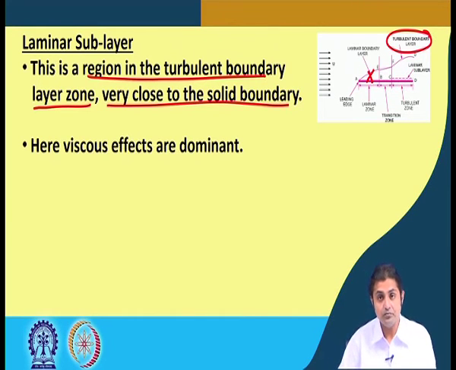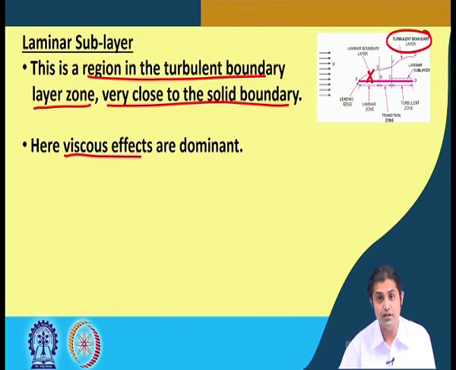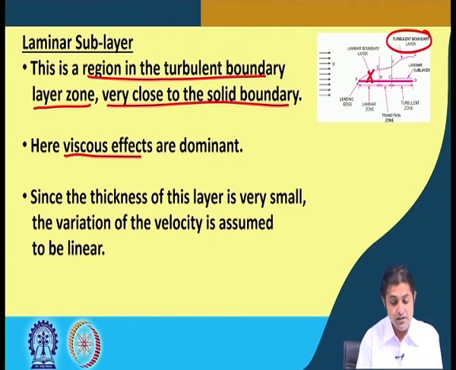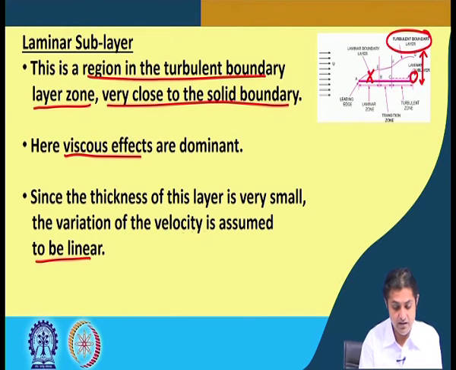And here, because viscosity plays an important role, the viscous effects are dominant, much more than the other types of forces. Since the thickness of this layer is very small compared to this, the variation of the velocity can be assumed to be linear.